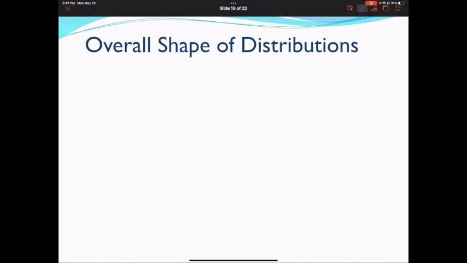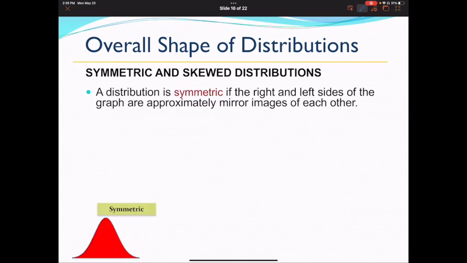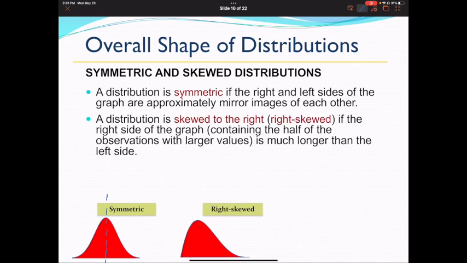When I'm looking at the shape of distributions, I'm looking at symmetric and skewed distributions. A distribution is symmetric if the right and left sides are approximately mirror images of each other. A distribution is skewed to the right, or right skewed. That means the hump's on the left, right? It's a little opposite.